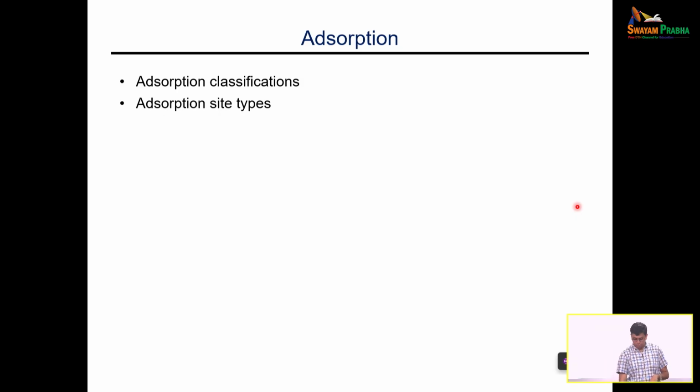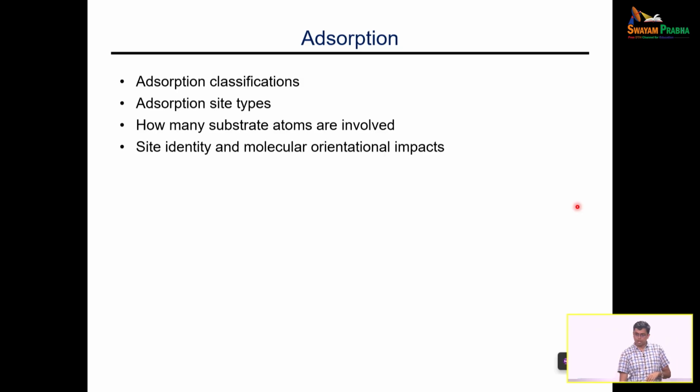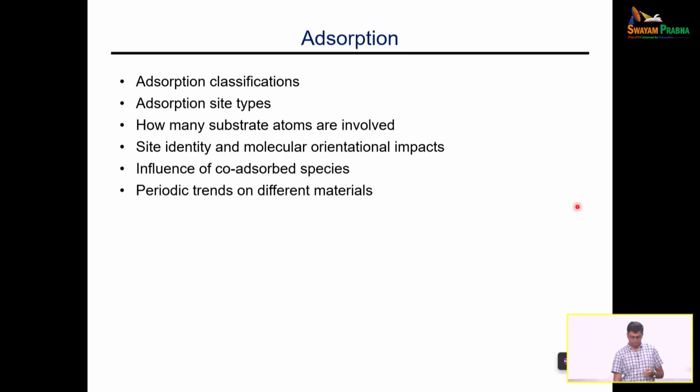So we'll talk about types of sites, how the substrates or whatever species is adsorbed interacts with the surface, how the site identity, the chemical identity of the site and molecular orientations impact adsorption energies, influence of co-adsorbed species, periodic trends when you move across different materials, and I'll give some examples of what we've learned with CO2 adsorption in MOFs. That's what I'll try to cover in the time that I have.